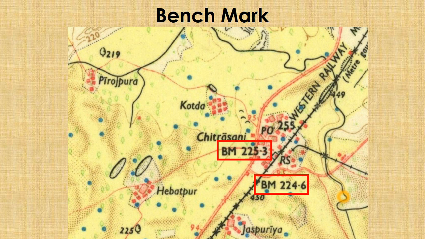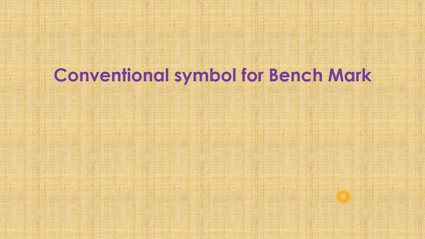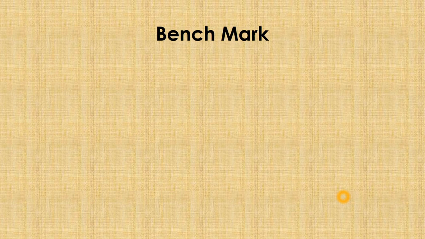That means the heights of these two places are 225.3 and 224.6 respectively. Now the symbol for benchmark is this one, the capital letters B and M followed by the value. That value indicates the height of that place, again above the mean sea level.